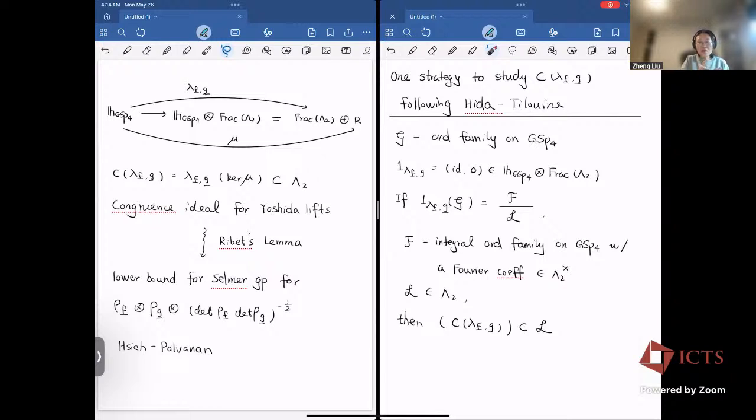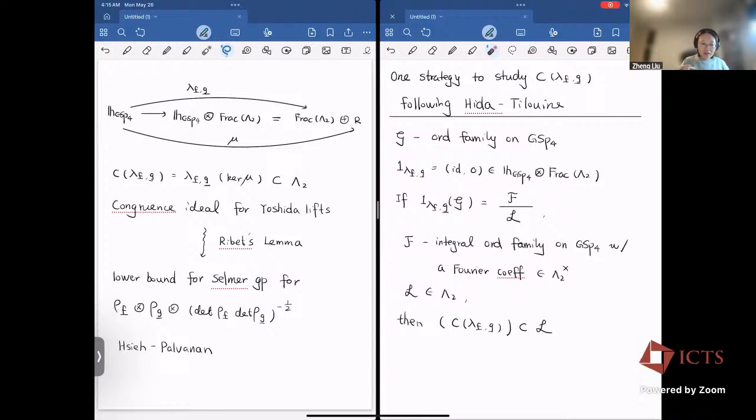So this whole thing can be viewed as a generalization of their work, because they were considering congruences of CM forms with non-CM forms, using the theta lift from O2 to GL2. And here we're considering the theta lift from O4 to GSp4.